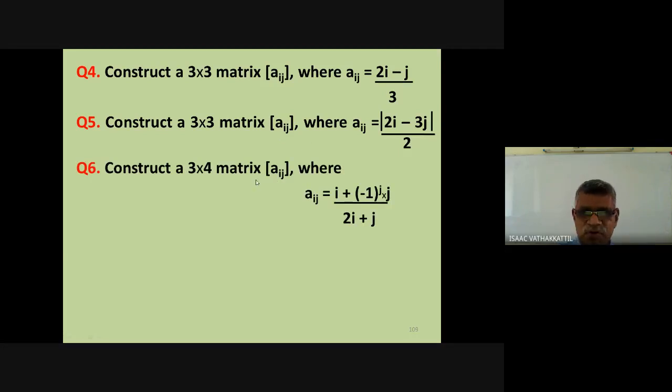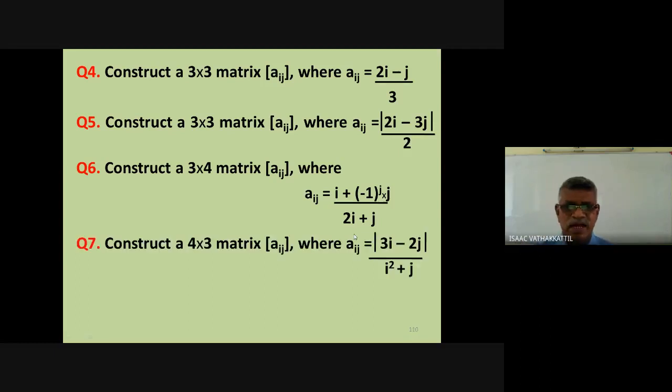Construct a 3 by 4 matrix Aij, where Aij is (i + (-1)^j times j)/(2i + j). Be careful. Now construct a 4 by 3 matrix.